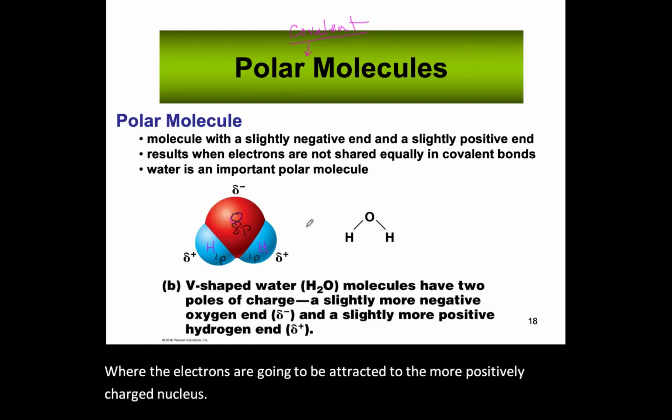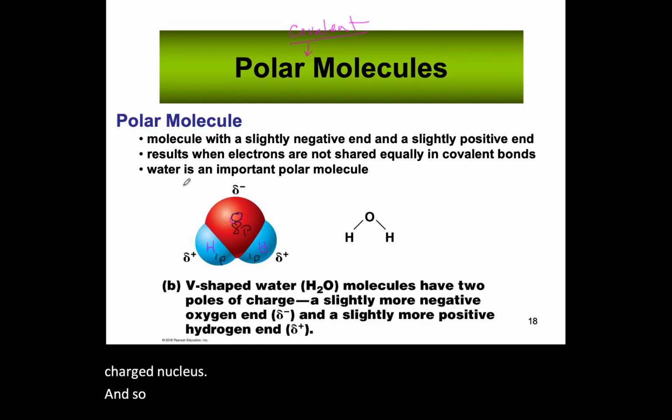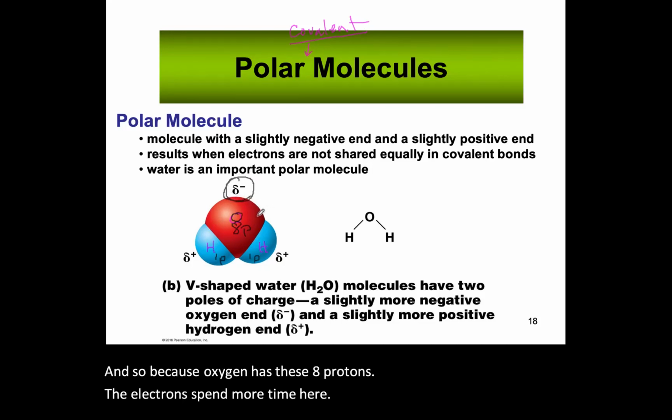And so because oxygen has these 8 protons, the electrons spend more time here, which means they have 10 electrons here, because this one and this one is going here. 10 electrons versus 8 protons.